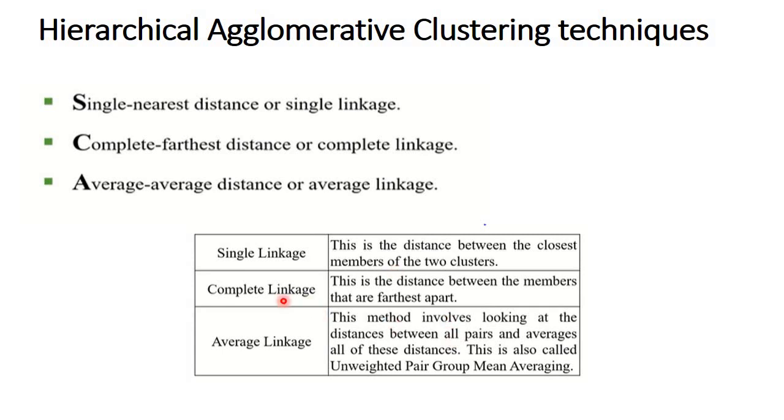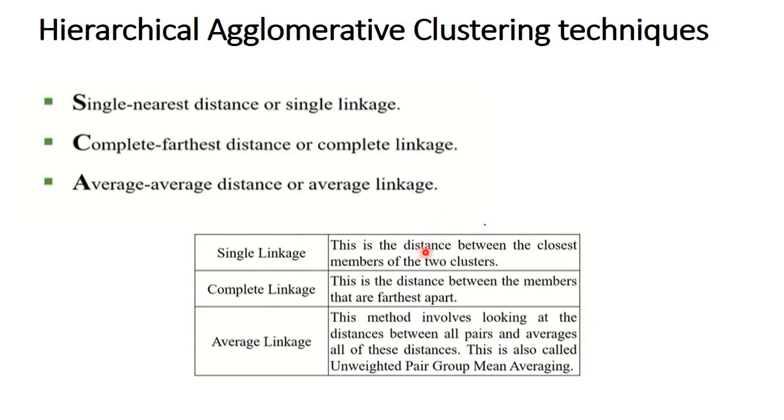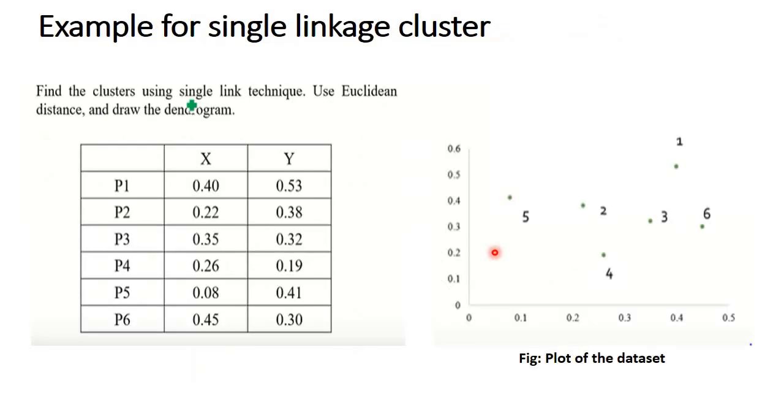The concept will be more clear to you when we take up an example. This slide has an example on single linkage clustering. That is the first method, wherein we find the distance between the closest members of the two clusters. The question says, find the clusters using the single link technique, use Euclidean distance and draw the dendrogram.